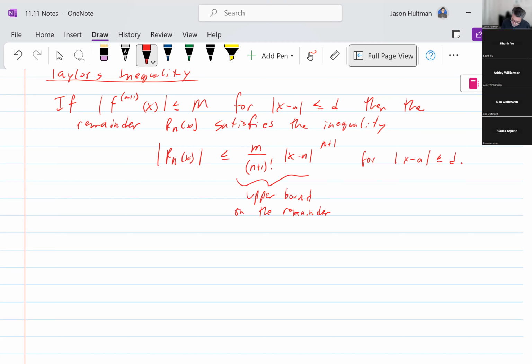You know the function itself. Remember, f of x is equal to Tn of x plus Rn of x, right? Where this was the Taylor polynomial, and this is the remainder. We call that the remainder function if you want.